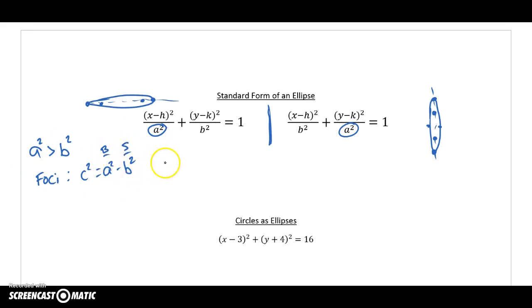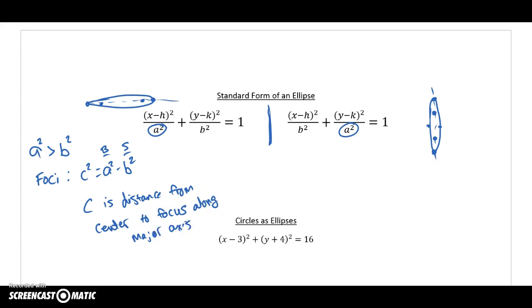Anyways, once we find that, we would take the square root, because c is the distance from center to focus, which is the singular of foci, along the major axis.